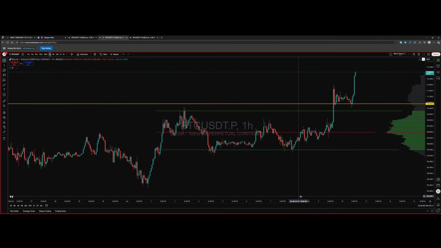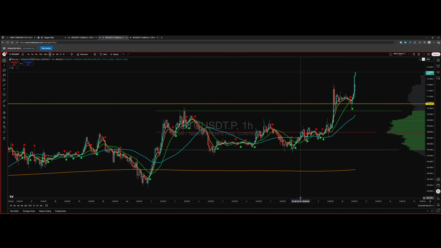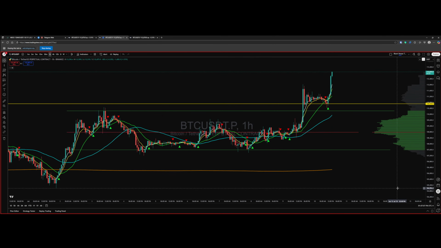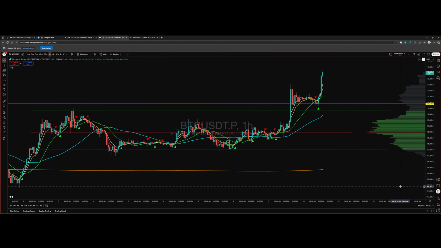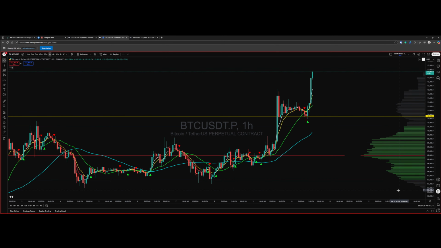I'm trying to make my way home. So apologies, people, joining in at the last very second. But yeah, it looked like an inverted head and shoulders. So you had your left shoulder, your head, your right shoulder, and then a crisp looking sort of breakout.